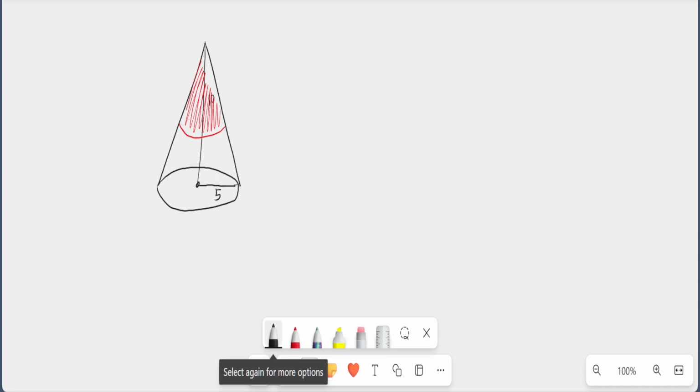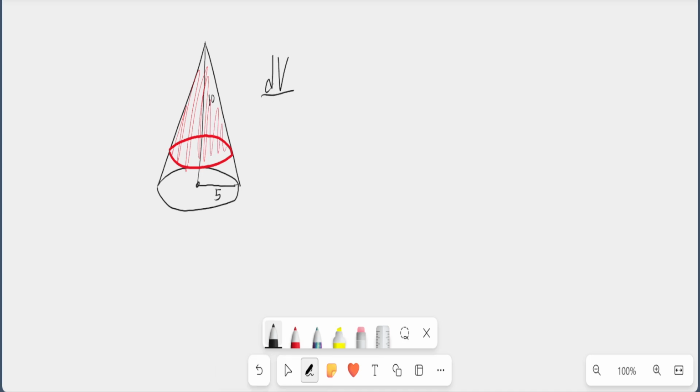So we should be given something that's changing, right? Water's being put into it at 2 feet cubed a second. So we have this shrinking air, I'll draw it right here for now. If the volume of the water is growing by a certain amount, then the volume of that piece of air is decreasing by the same amount.